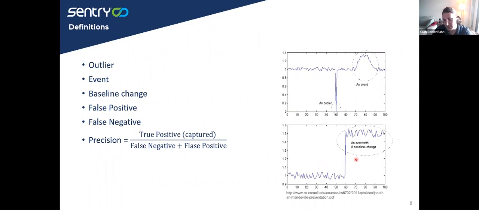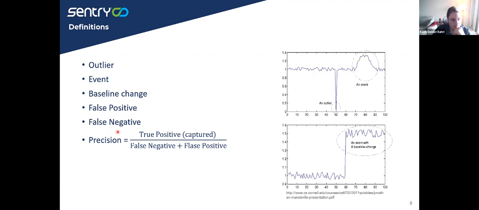And also we have a baseline change, which is a change in the baseline. Initially it is an event, but after a certain point of time, we don't want to raise alarms continuously. We have a false positive, where we are raising an alarm but no event is actually happening.